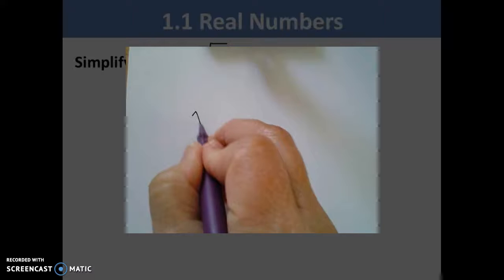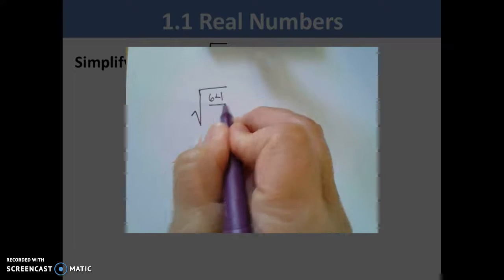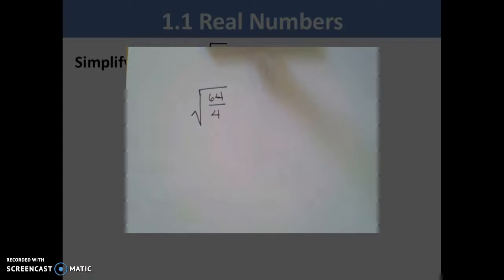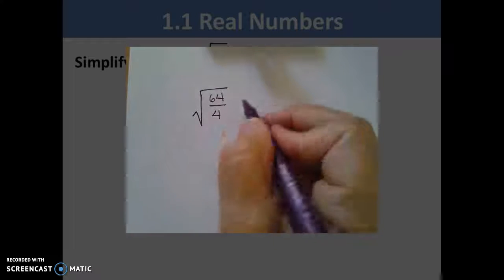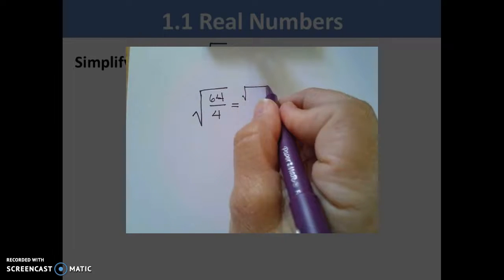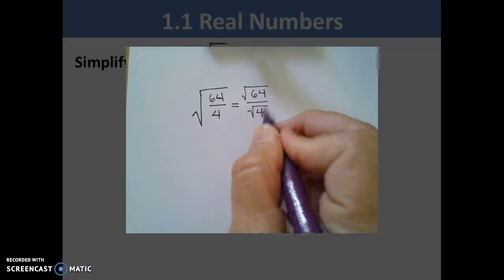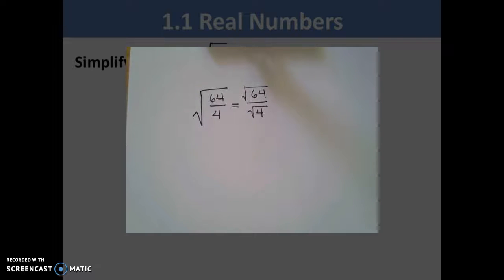Now, when we have a fraction under a radical, we have several options of what we can do with it. In this case, I am going to choose to place them under separate radical signs. So we have the square root of 64 over the square root of 4.